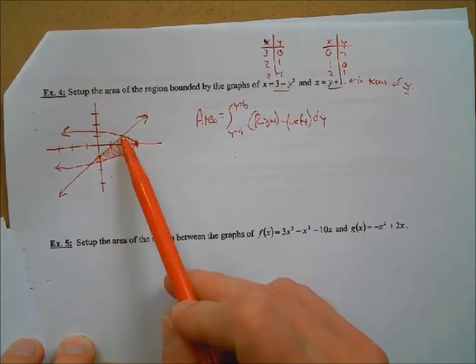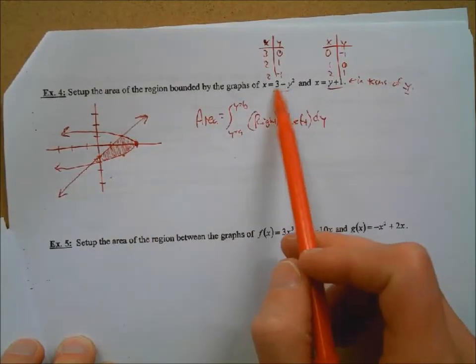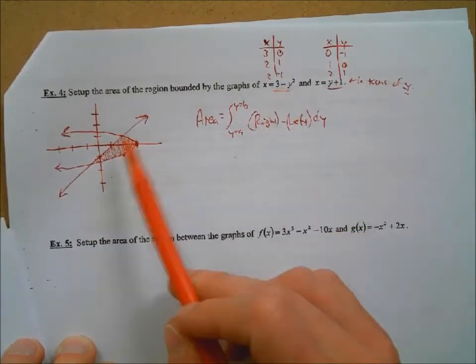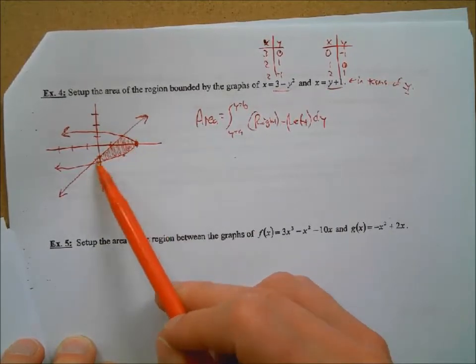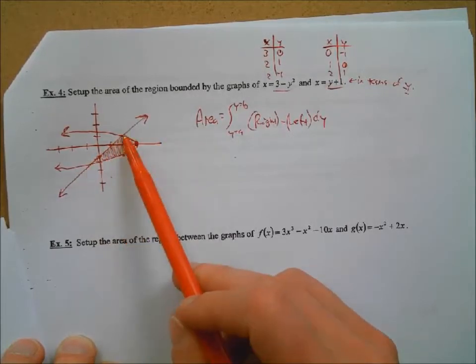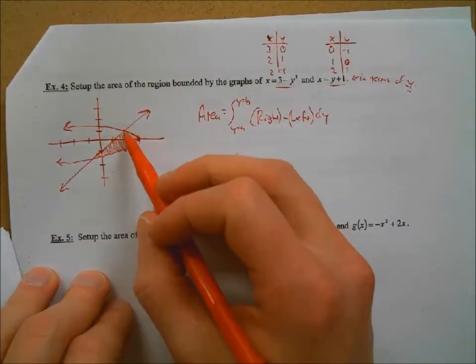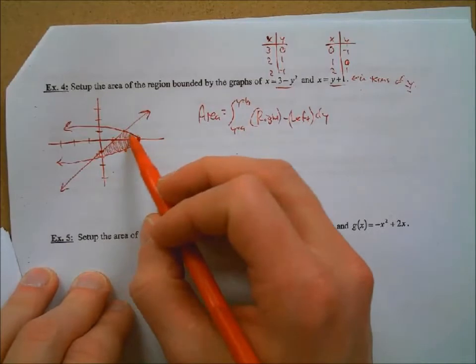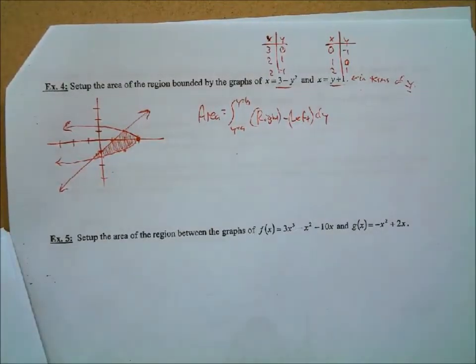But once I go beyond this x value of 2, the top curve is the positive version of this right here. The bottom curve stays the same all throughout. But as you move left to right, the top curve changes. We can avoid that if we think instead of right minus left. The rightmost curve is always that parabola-like curve, and the leftmost curve is always that linear curve. So it creates an easier integral to set up.